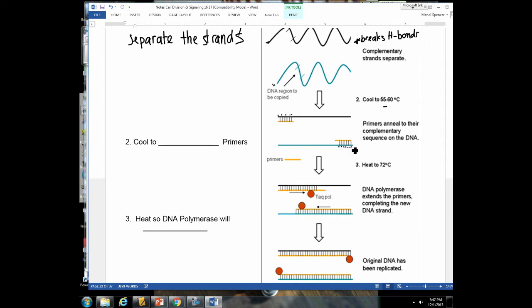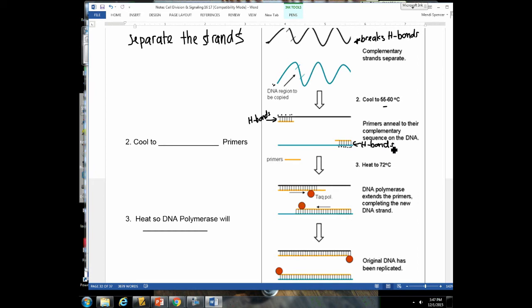That's at the end of this DNA segment that we want to copy. So when we cool off the test tube, the hydrogen bonds can now form between the primers and the DNA molecule. So we're getting some H bonds forming as the primers bind to the complementary DNA strand.